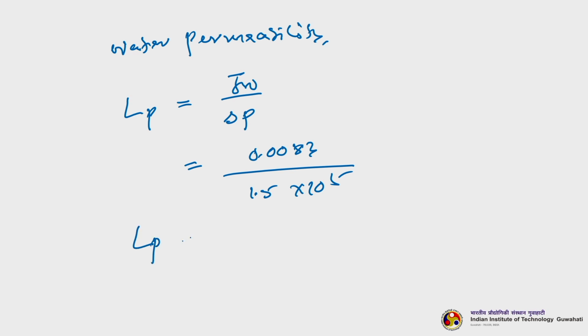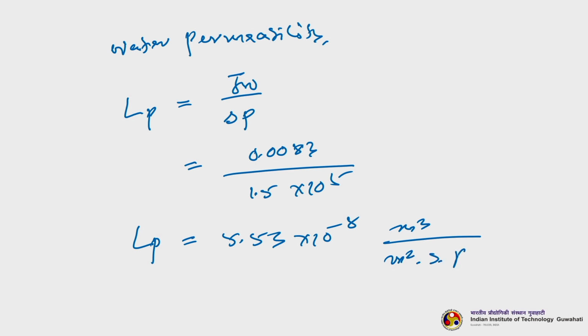Here LP we get 5.53 into 10 power of minus 8. The units are meter cube per meter square second Pascal. So, this is the water permeability.